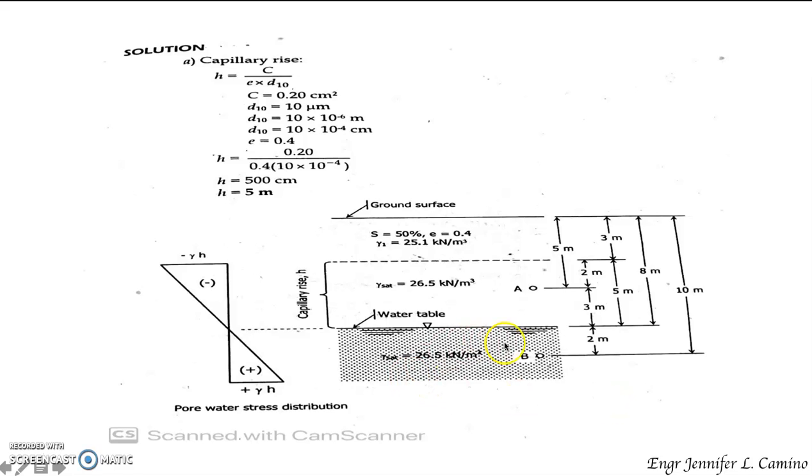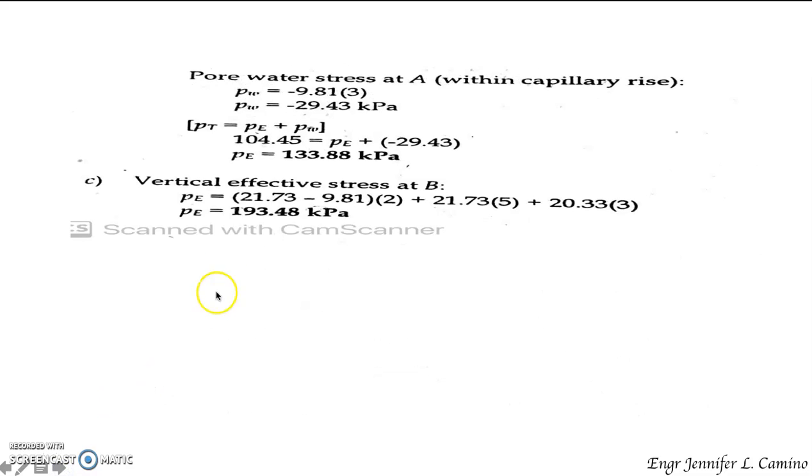Therefore, the effective stress at point B is equal to total stress minus pore water pressure. So 213.1 minus 19.62. The result is 193.48 kilopascal. What I have discussed was the most convenient way to solve for the effective vertical stress, so that we will have a clear understanding.